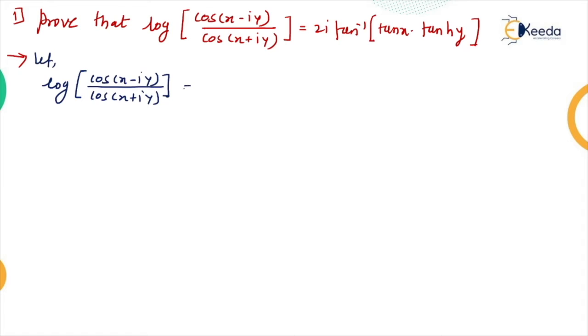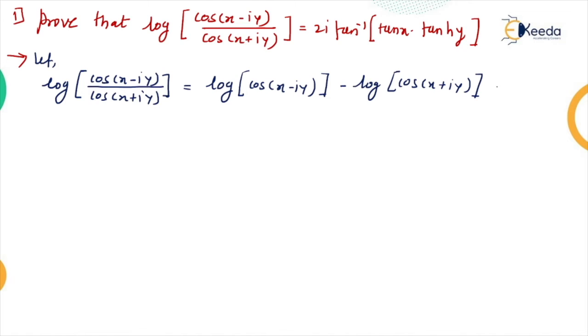This can be written using the logarithmic property as log of cos(x minus iy) minus log of cos(x plus iy), taking the logs separately. Which log property do we use here? For reference, equation number 1: log of a by b is equal to log a minus log b.